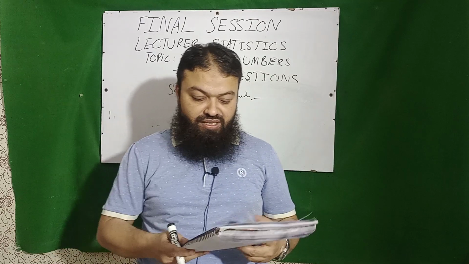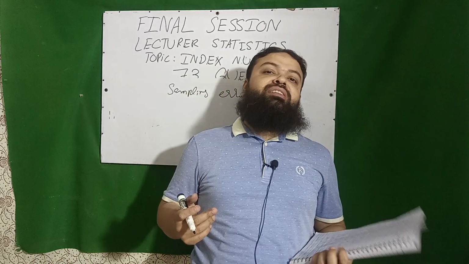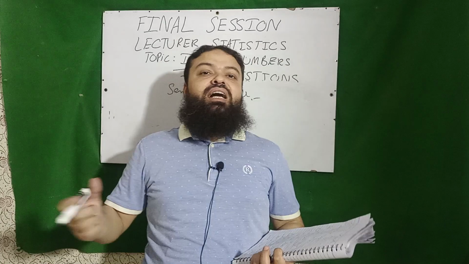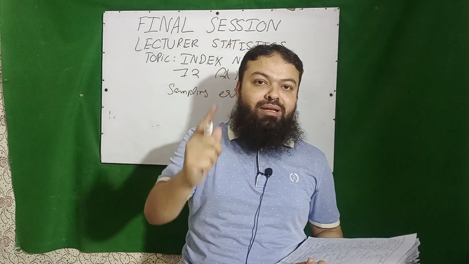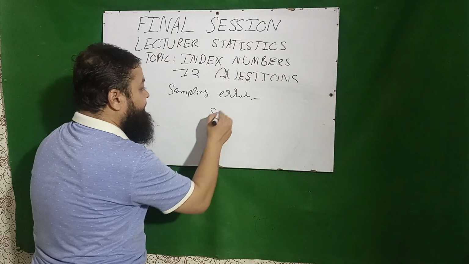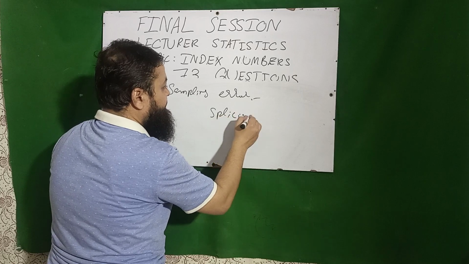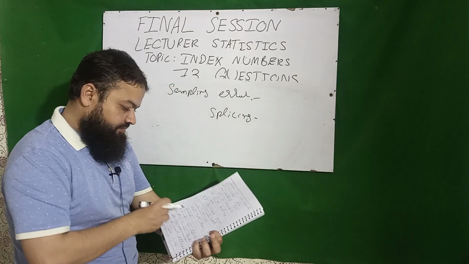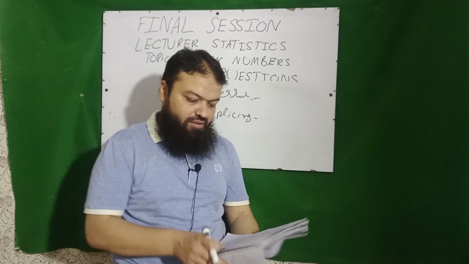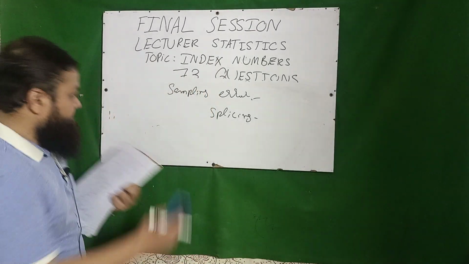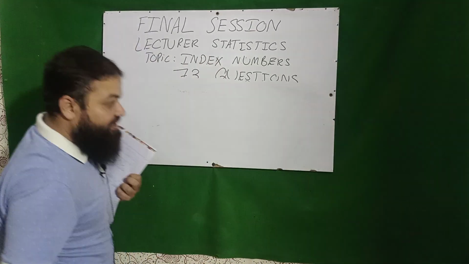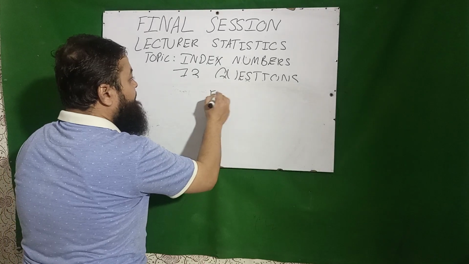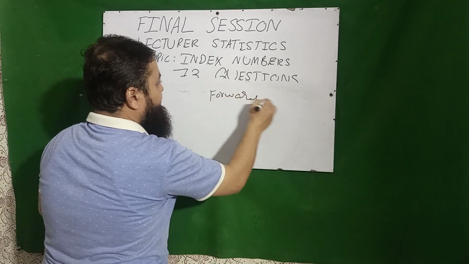I have discussed. Next is when two different index numbers with two different bases are joined with one common base, that is called splicing. If a new series is connected with the old one, it is called forward splicing.